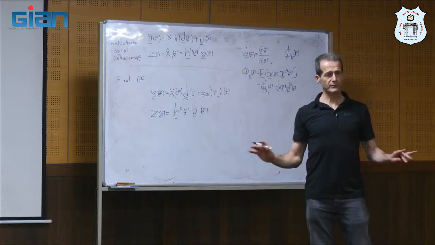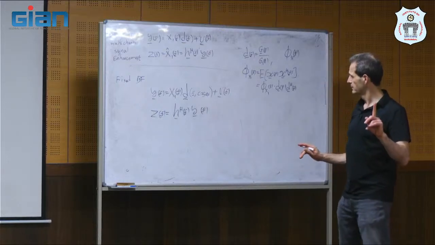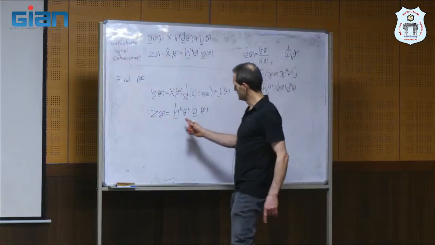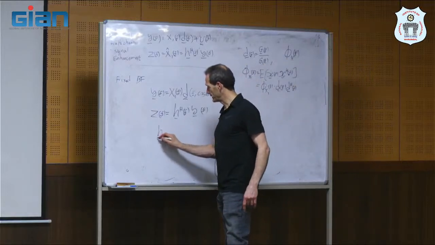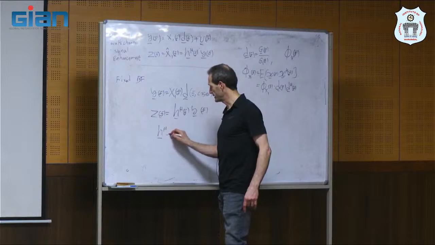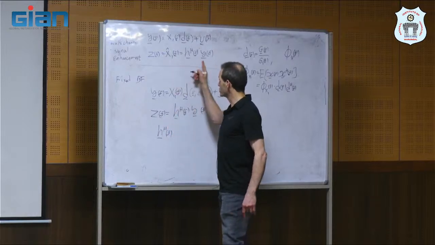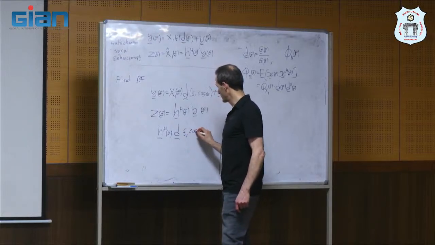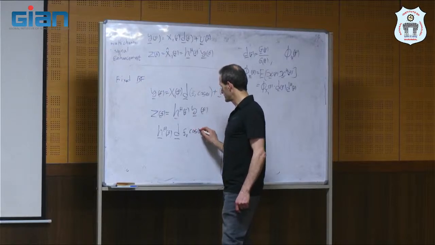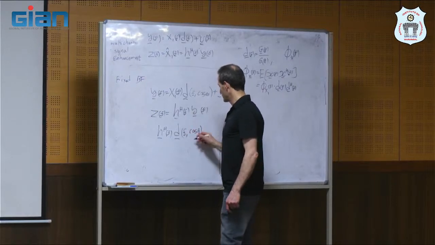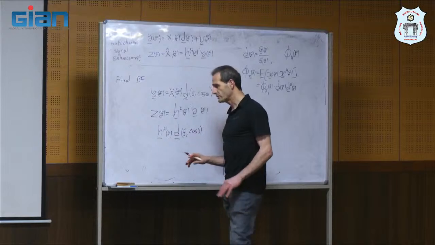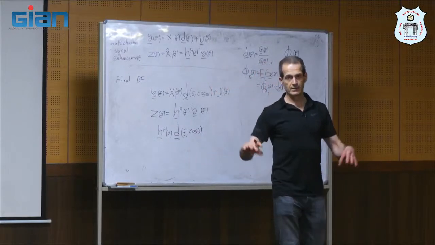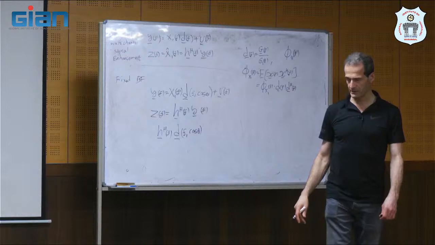So I don't take the reflections into account. What I require is that if I apply the filter that I find to a signal that comes from that direction, this is the far-field steering vector without any reflections in the environment.